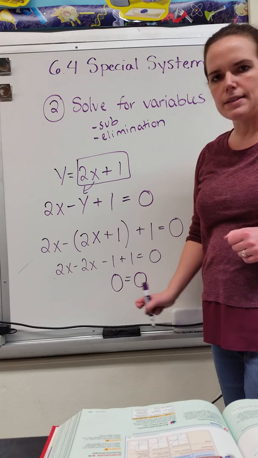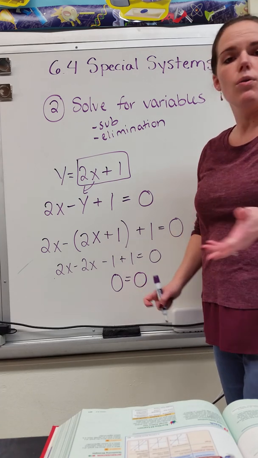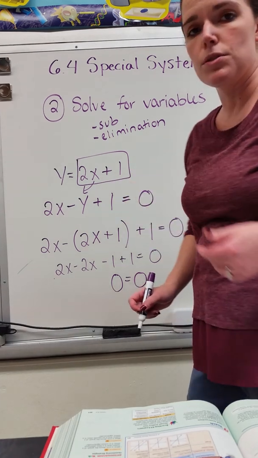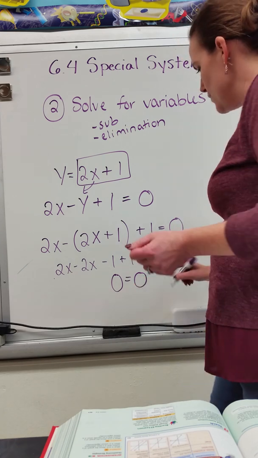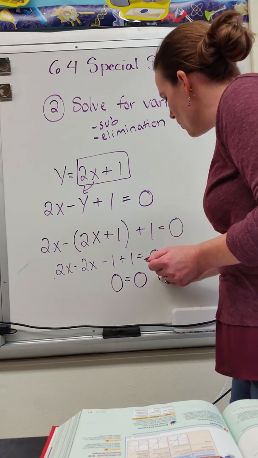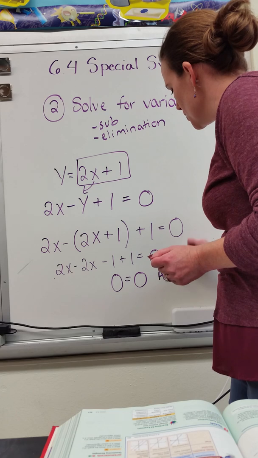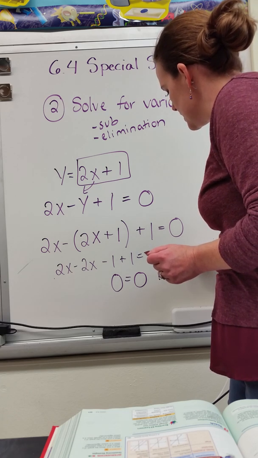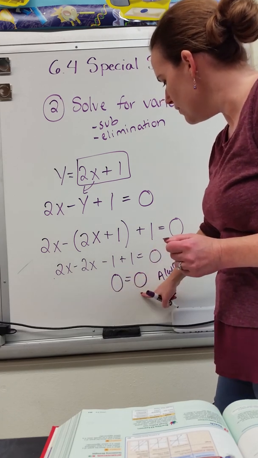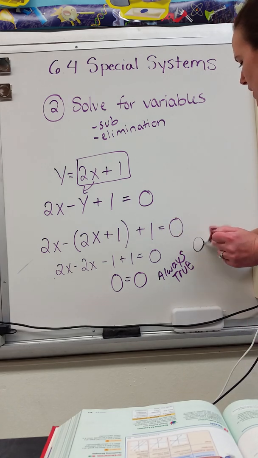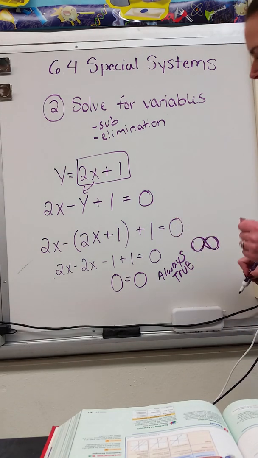If you get 0 equals 0, or even if you got, say, 3 equals 3 or 4 equals 4, a statement that is always true, some number equaling itself, this means you have infinitely many answers.